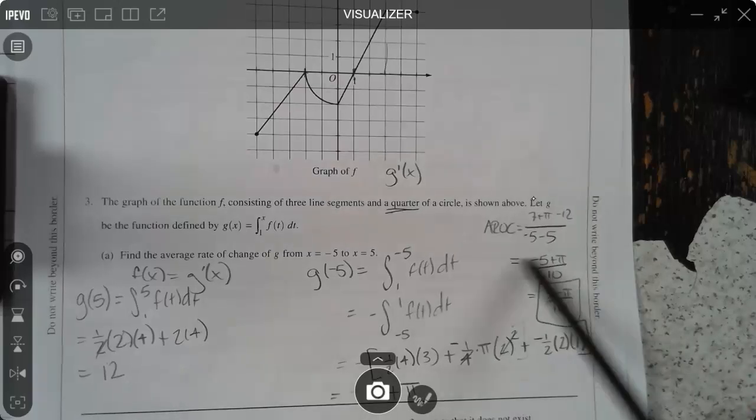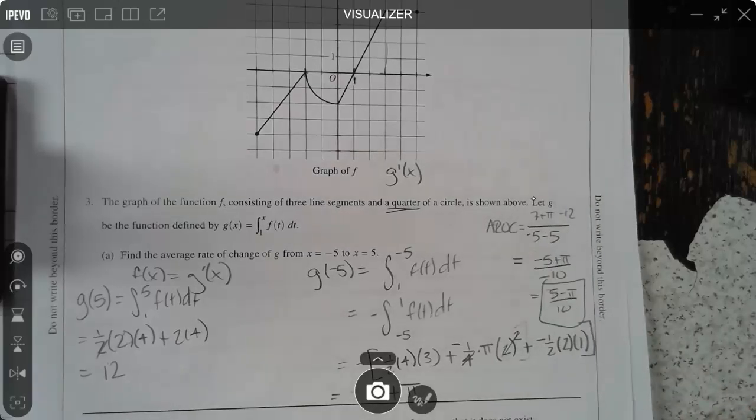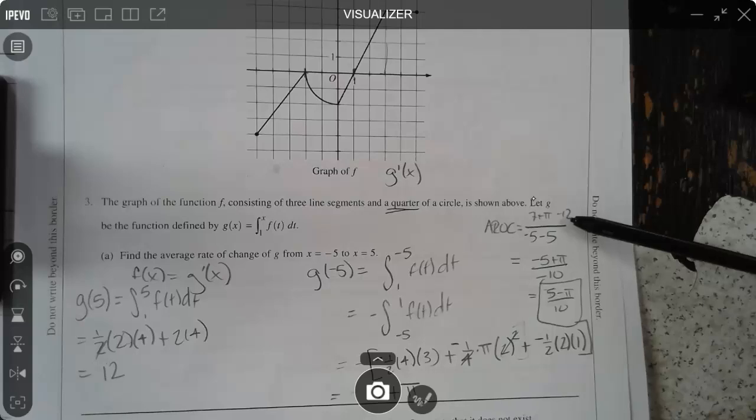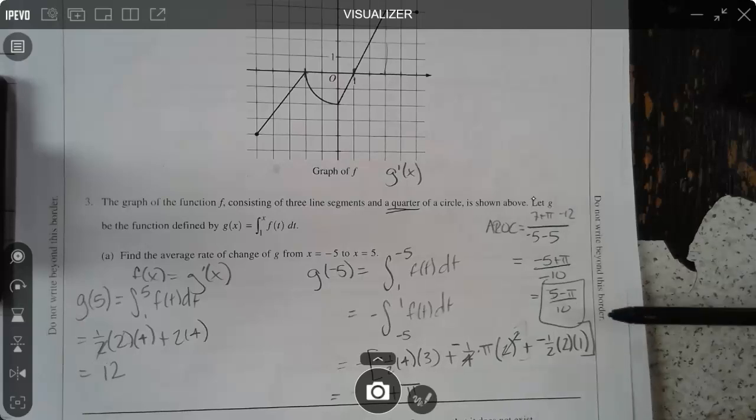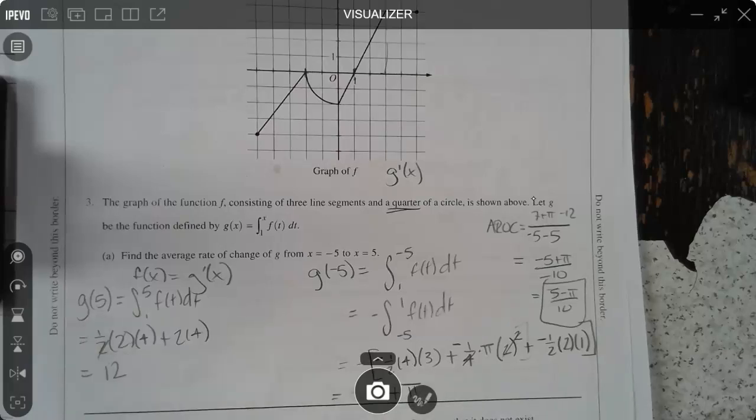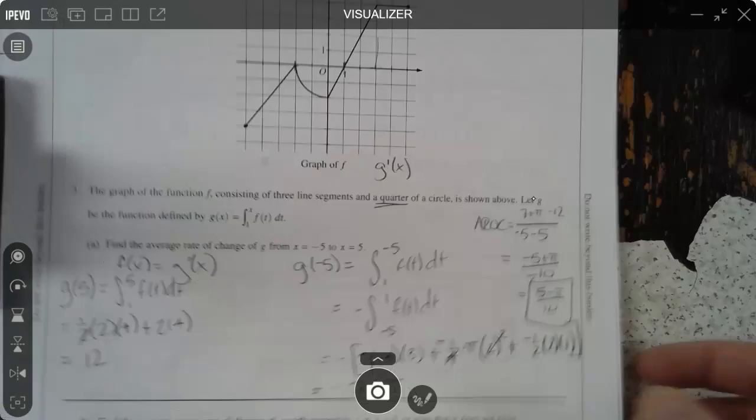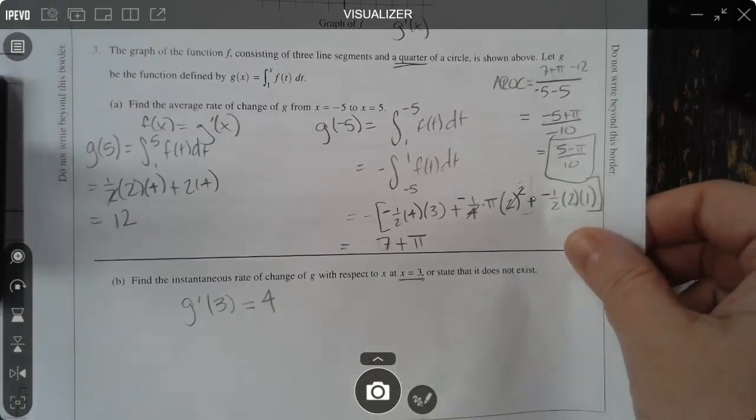You could have left it at this point, but you got 1 point for the difference quotient, which doesn't make any sense to me because this is the difference quotient, and then 2 points for the answer. So you didn't get any points for the work in between, which was crazy.